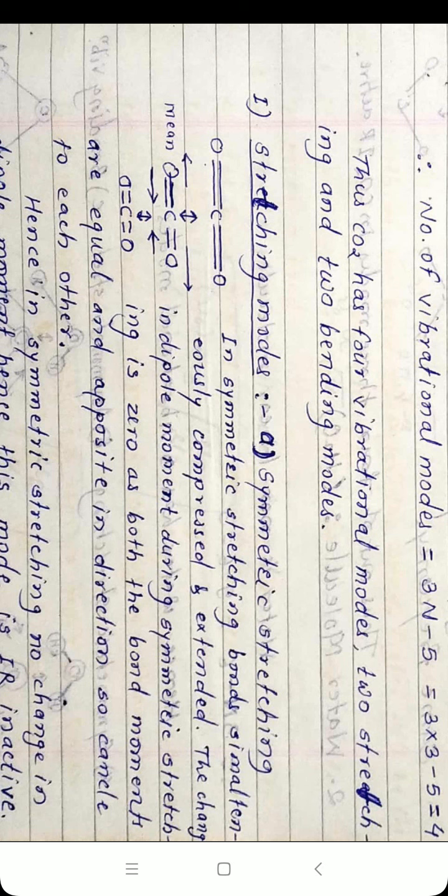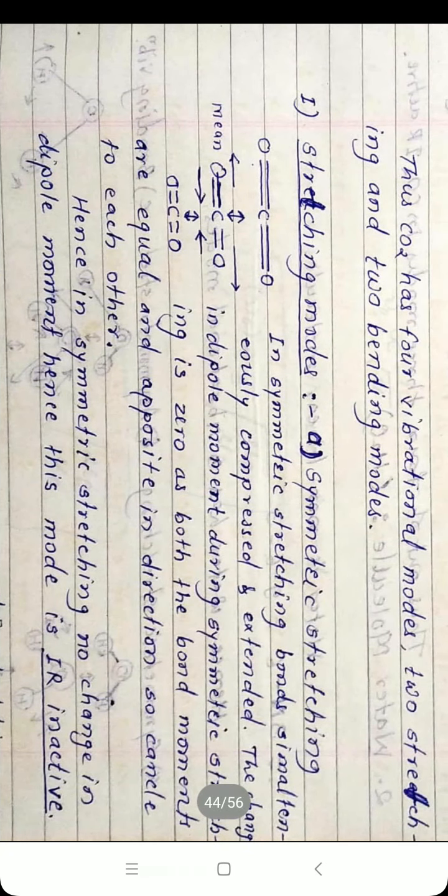Then which mode, and why is that mode IR inactive? We already discussed in the first part of this topic what the condition for IR spectroscopy is, which molecules are IR active and which are inactive.